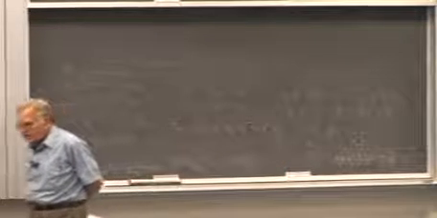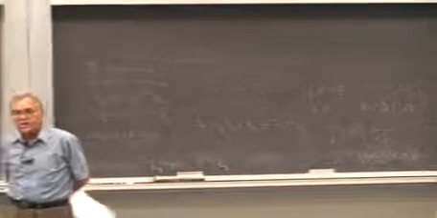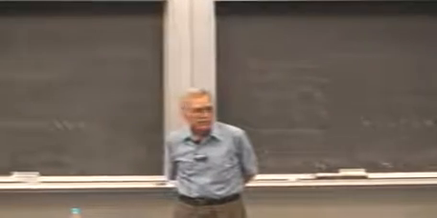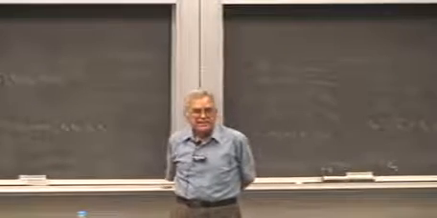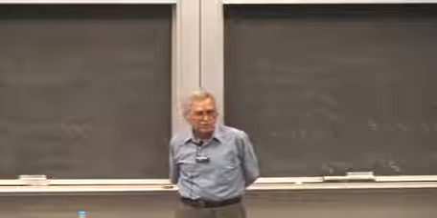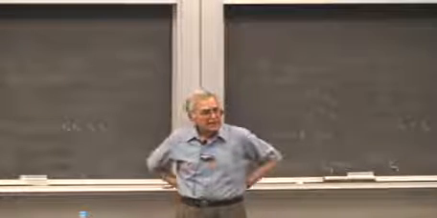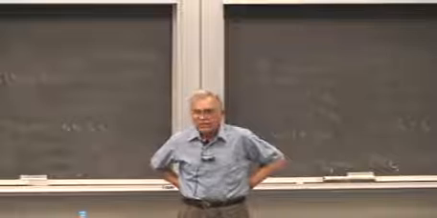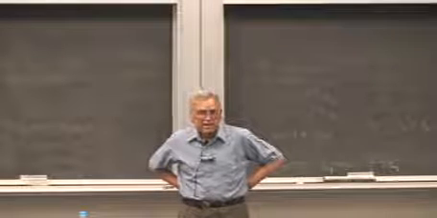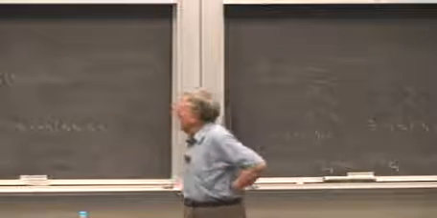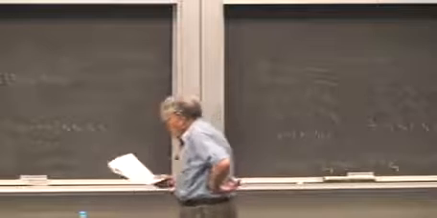Now, if you go to 3 plus 1 dimensions, there we have the chiral symmetry, but the chiral symmetry was broken by the mass term here. Now this Lagrangian actually has other symmetries also, but those are in the absence of the mass term. Let me show you the other symmetries here.